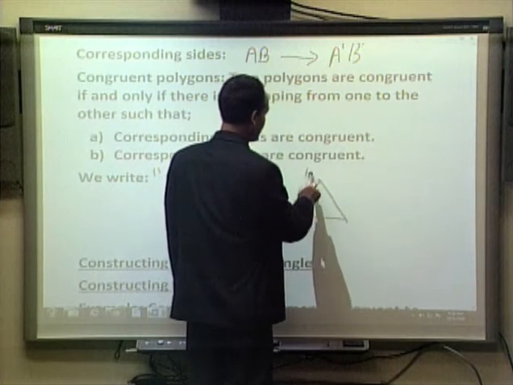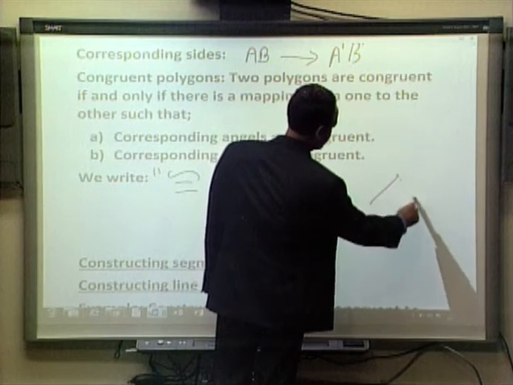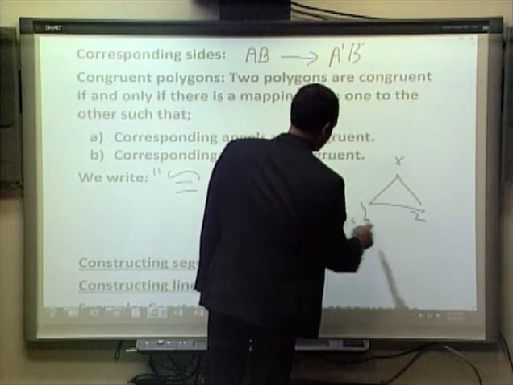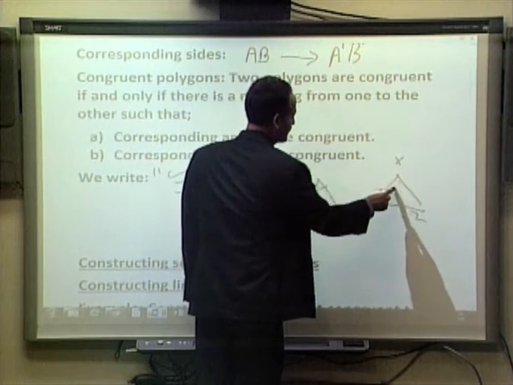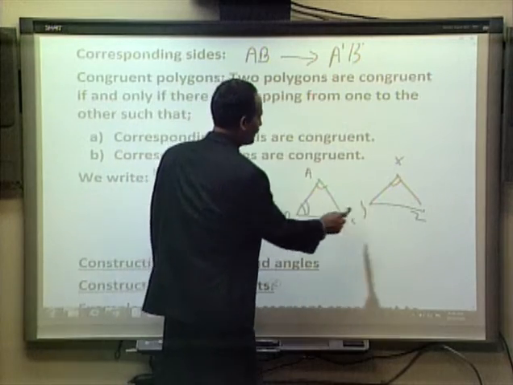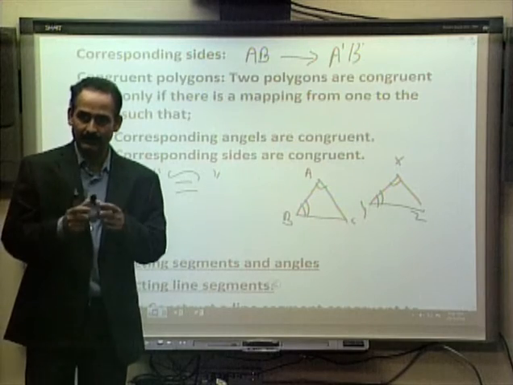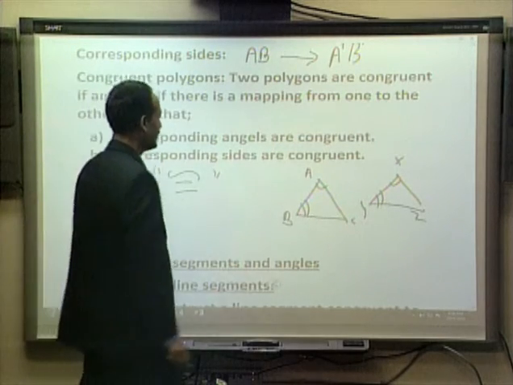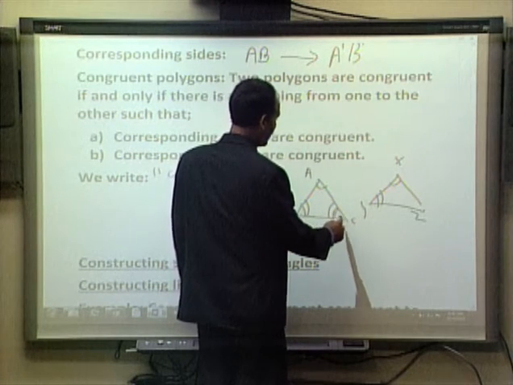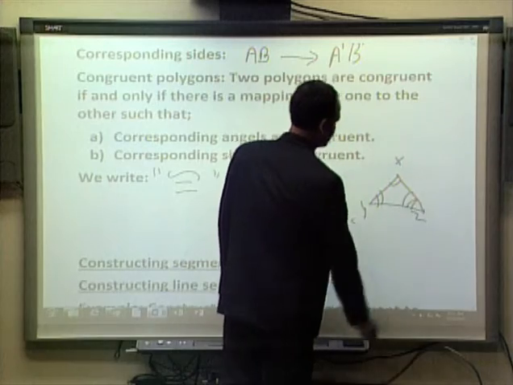So, by saying two triangles are congruent, we mean this. Let us say this is a triangle ABC and let us say this is another triangle XYZ. Suppose angle A is the same as angle X. Suppose angle B and angle Y, they are congruent, and let us say angle C and angle Z, they are congruent.